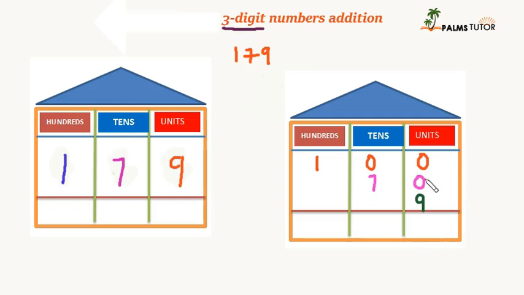Adding them together, don't forget we said only 1 digit per room. Can you see I only have 1 digit at a time? 0 plus 0 plus 9 is 9. 0 plus 7 is 7. When you add 0 to any number, the number remains the same. 100. So that's how we came about 179.